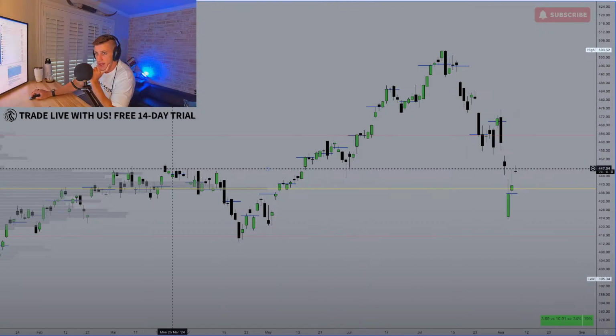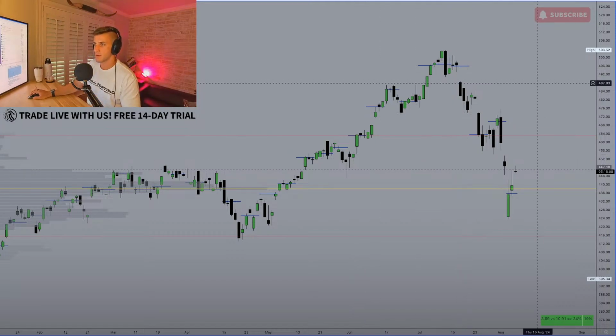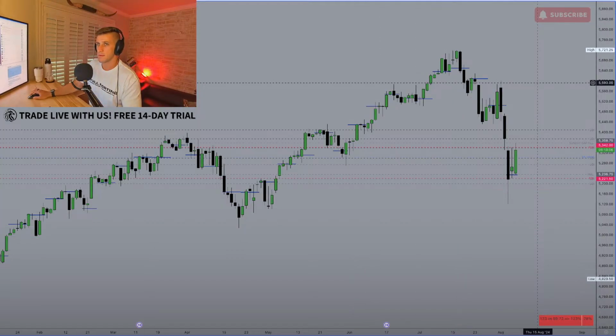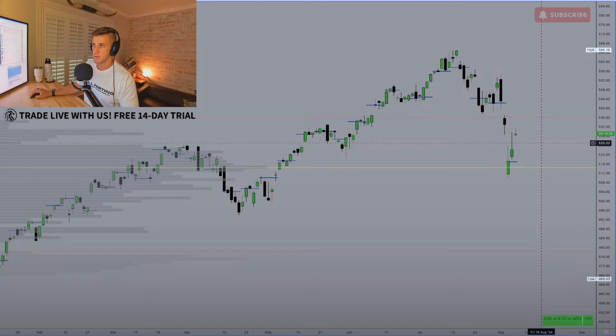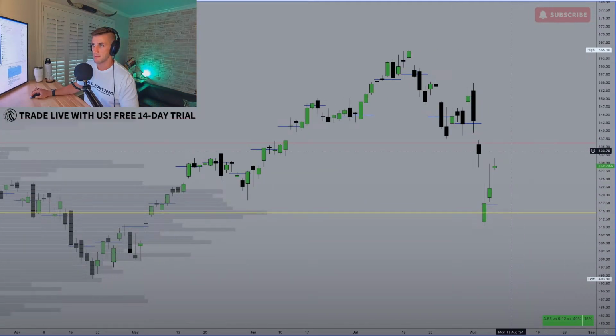But QQQ has a lot of resistance through here that then became support. It's like that 448 area. And then let's check SPY. Yeah, SPY, similar shaped daily bar.